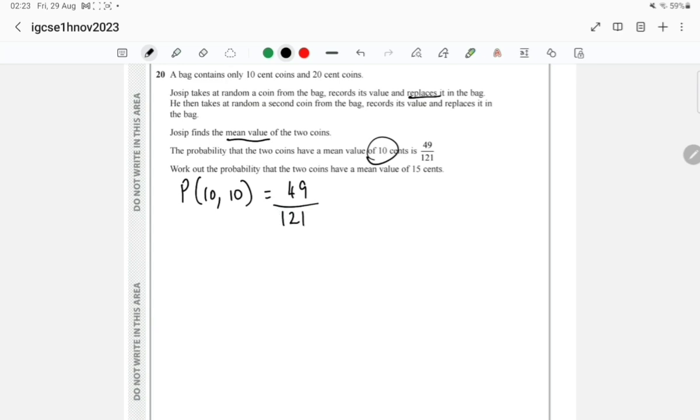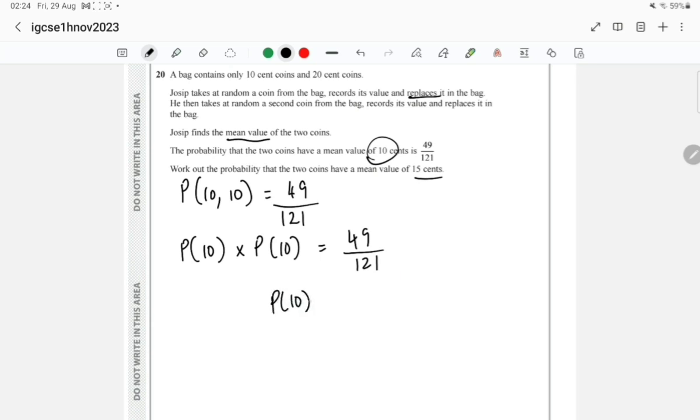Now, work out the probability that the two coins have a mean value of 15 cents. Okay, let's try to find individually the probability of 10 and the probability of getting a 20. Now here, we did probability of 10 multiplied by the probability of 10 to get 49 over 121. And if you notice over here, these two are square numbers, right?